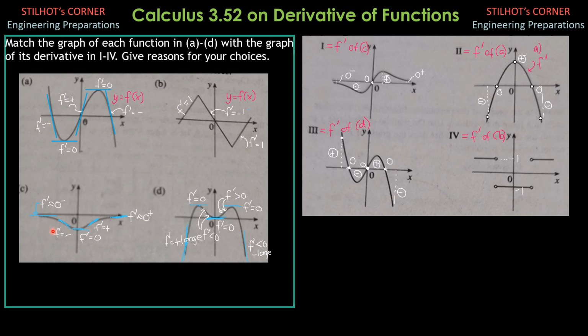Next, the slope here is almost horizontal but negative, and it increases negatively until it is 0 again here. So it matches with 1 for this part here because the slope is almost 0, almost horizontal but negative.